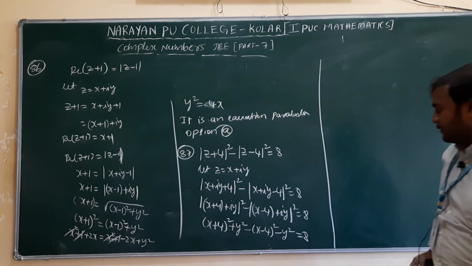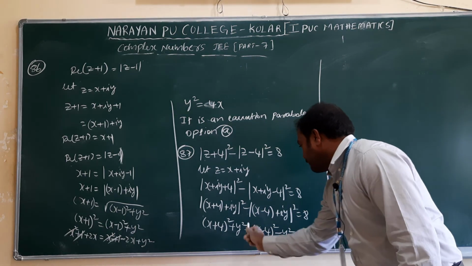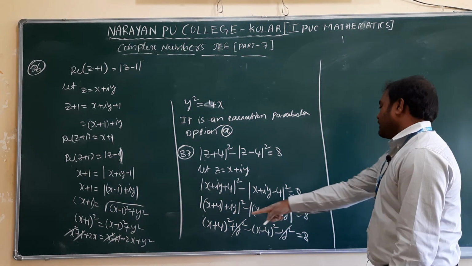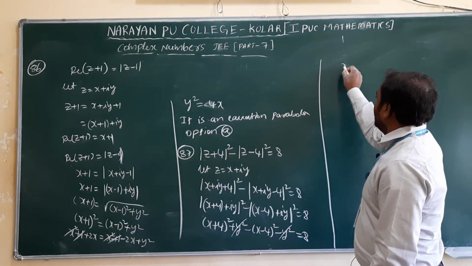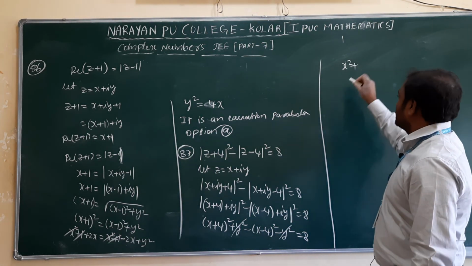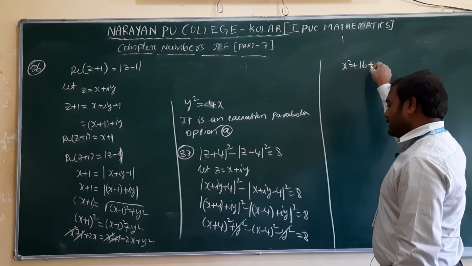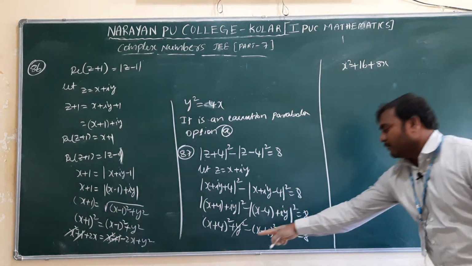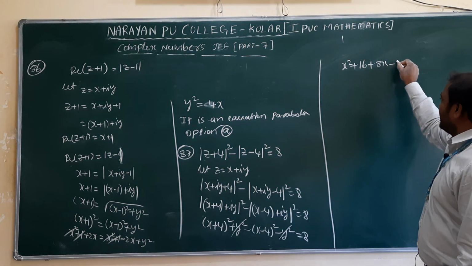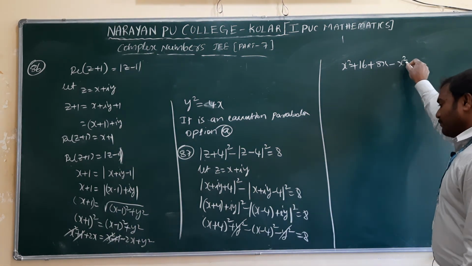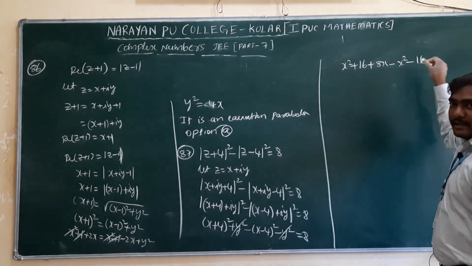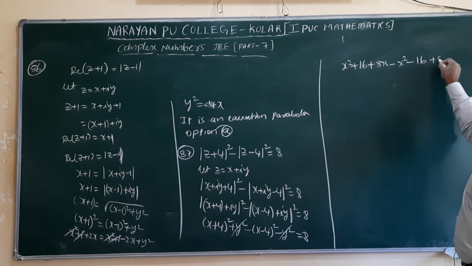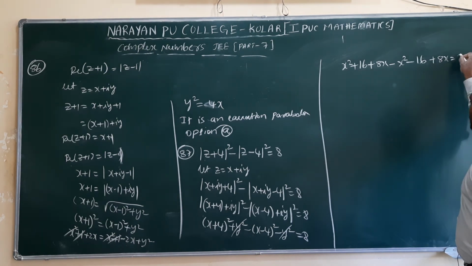Now here y square minus y square gets cancelled, remaining, applying the a plus b whole square formula, x square plus 16 plus 8x minus x square minus 16 plus 8x is equal to 8.